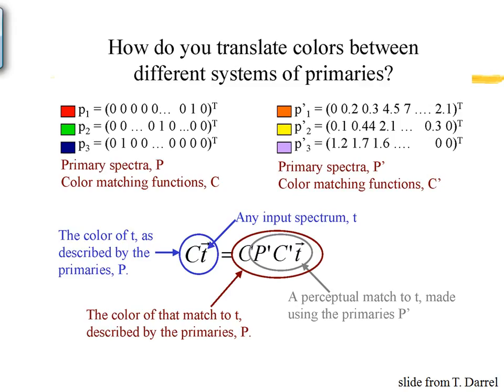This over here, this entire system, is the color that match to T that is described by the original primaries P, under which we generate the curves. And the inner portion is the perceptual match to T that is based on using some other primaries. So it turns out this is nice in terms of simple matrix translations, multiplication.